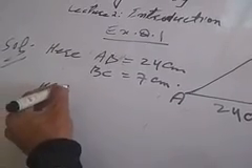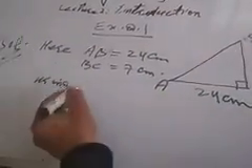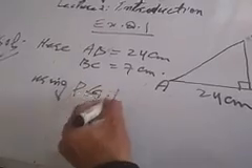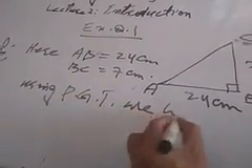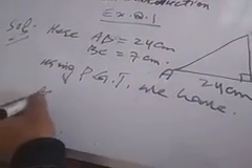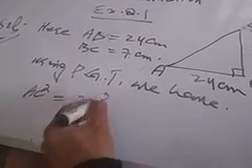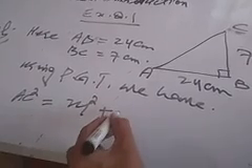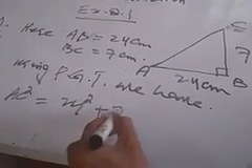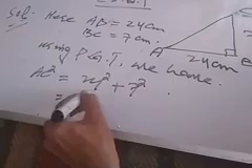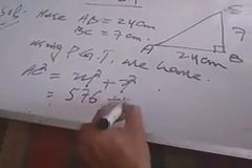Using Pythagoras theorem, we can find the third side. Hypotenuse square AC square equal to base square AB square, 24 square, plus perpendicular square BC square, 7 square. 24 square equal to 576, plus 49.